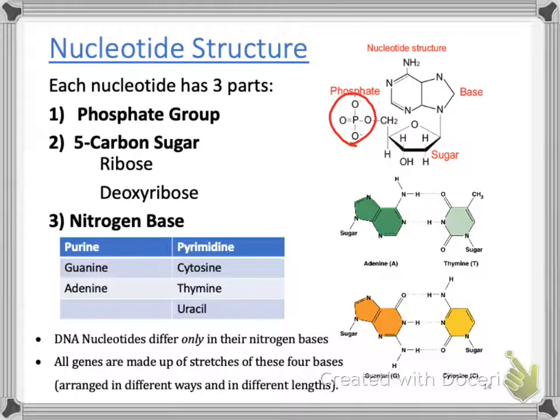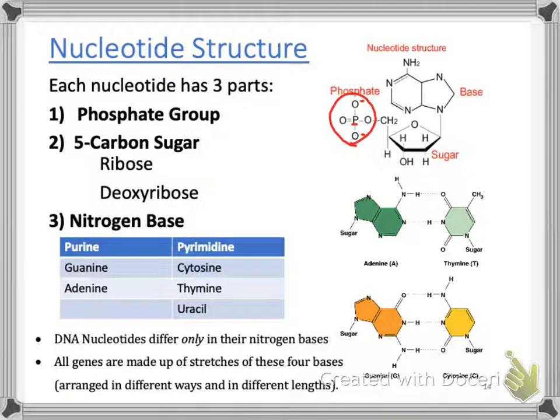Okay, a phosphate group has a phosphorus in the center surrounded by oxygens. And those oxygens, although it's tiny and it's harder to see, those oxygens have negative charges. So a DNA molecule, because it has so many phosphate groups, is a negatively charged molecule. And that'll come up a few times throughout the year.